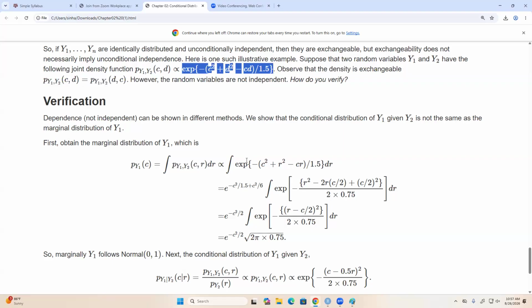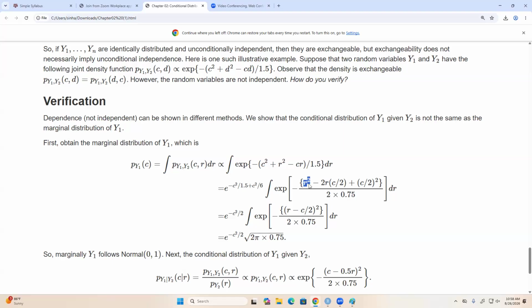It is given to you, right? And I'll be integrating with respect to r. So any term which is independent of r, I take outside the integration. So I take out the first term. And for the rest of the part involving r, what I do is this.